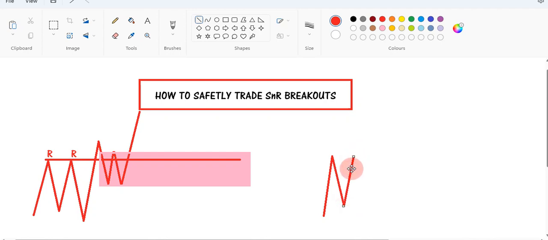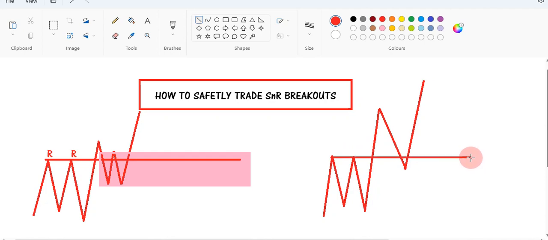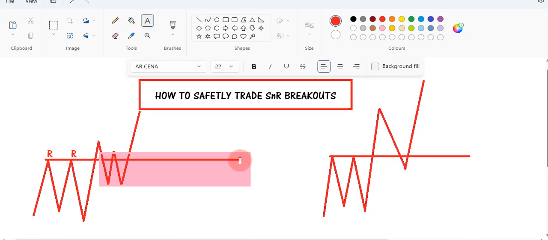We've got the resistance levels again here. So this is the broken resistance also. Another resistance.